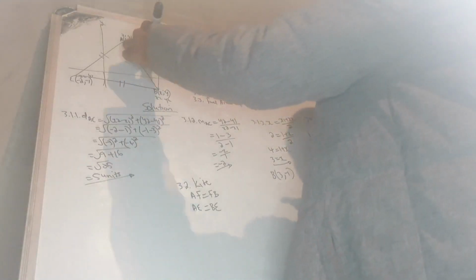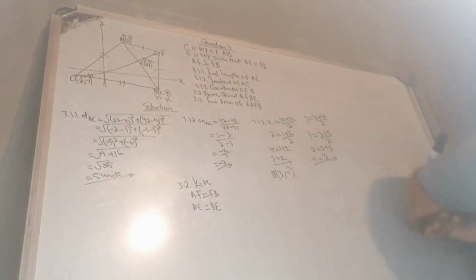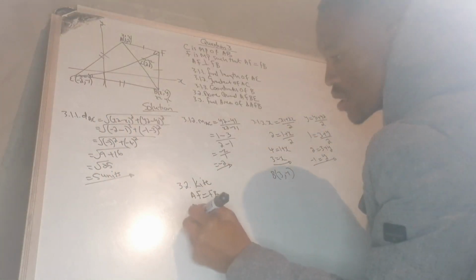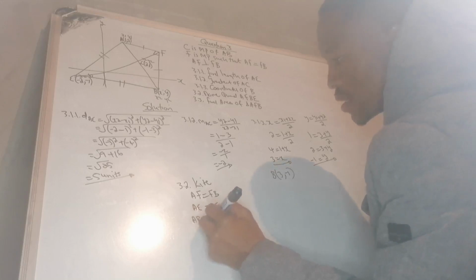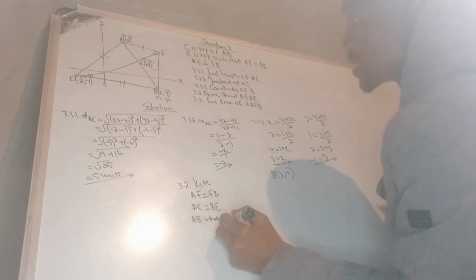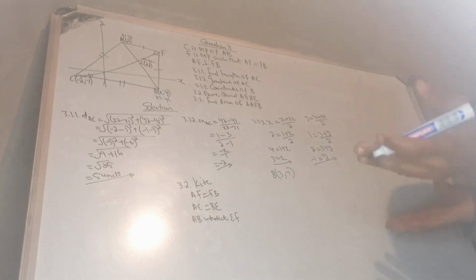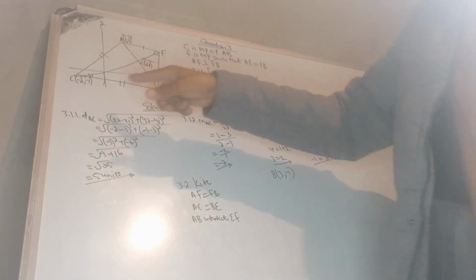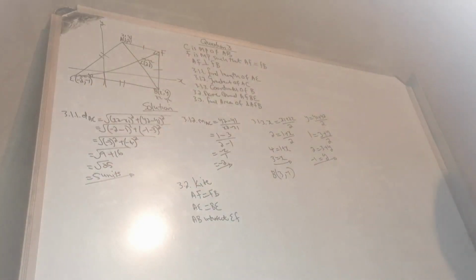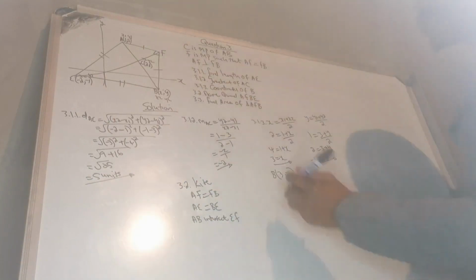Yes, we can draw a line like this and say AB intersects with EF. The diagonals intersect one another. And those will be the criteria of saying that you are a kite, just to name a few.